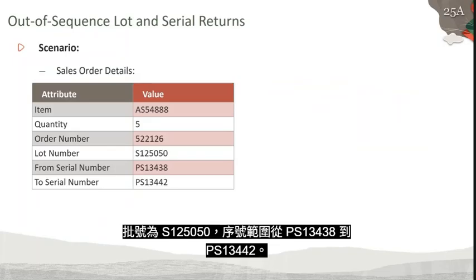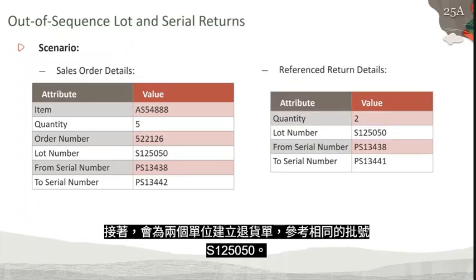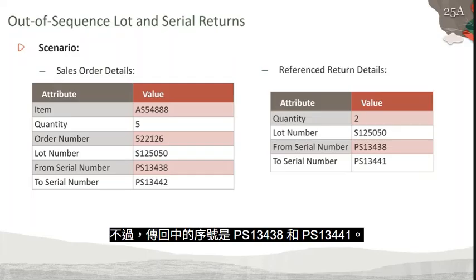Next, a return order is created for 2 units, referencing the same lot number S125050. However, the serial numbers in the return are PS13438 and PS13441. The misalignment in serial number again creates an out-of-sequence serial, which would have errored out in the past.